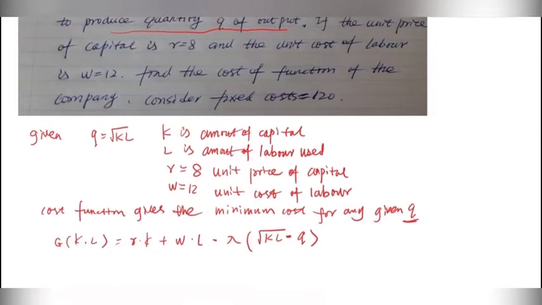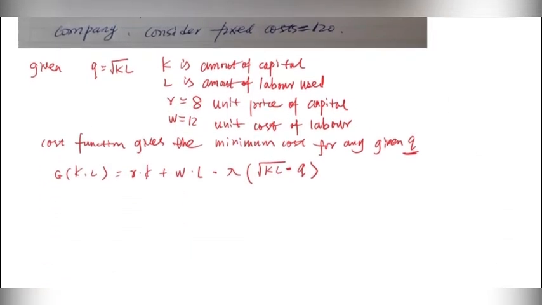So this is the formula we will use: 8 times K plus 12 times L minus lambda times the square root of KL minus Q.